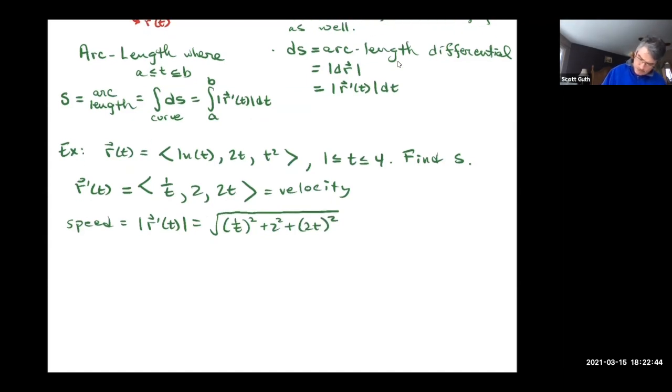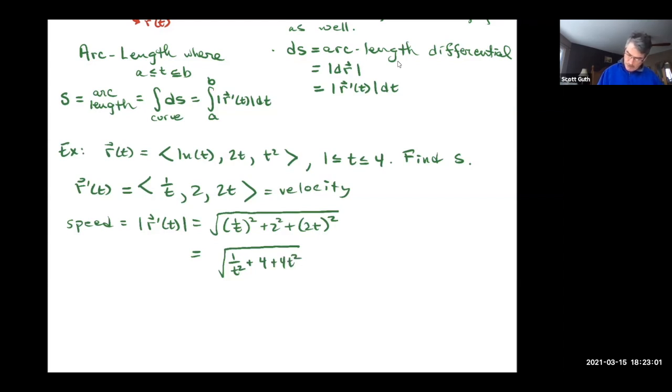So that's sort of obvious what that'll be, but let's see here. So I think it's going to be 1 over t squared plus 4 plus 4t squared, like that.